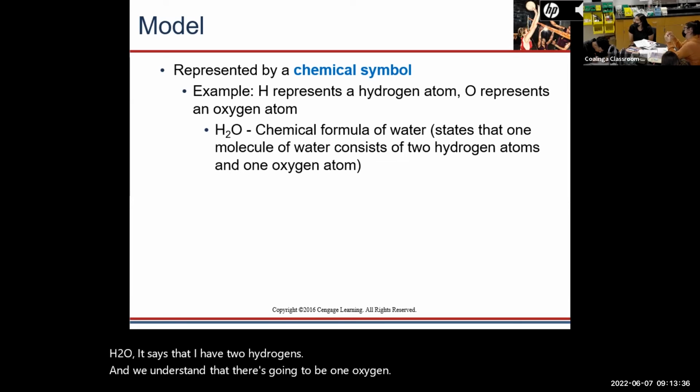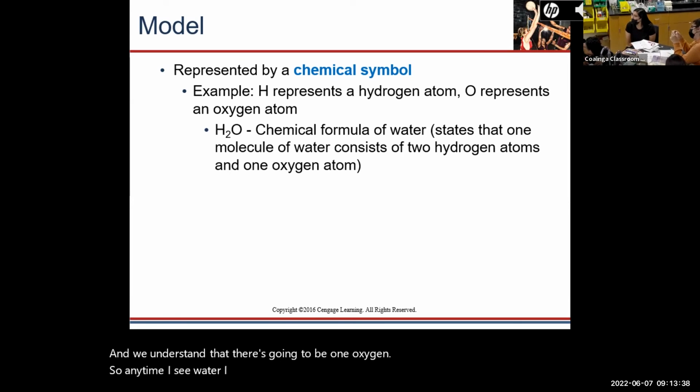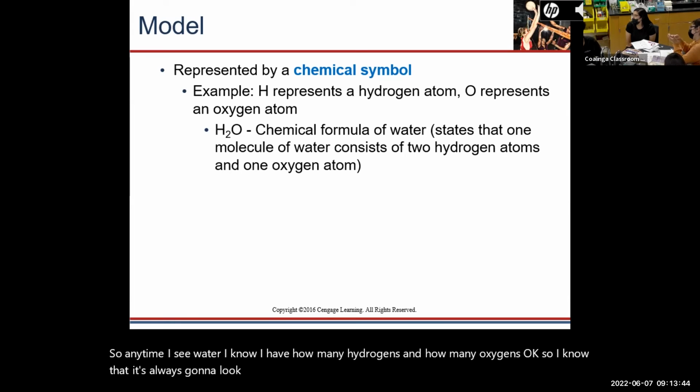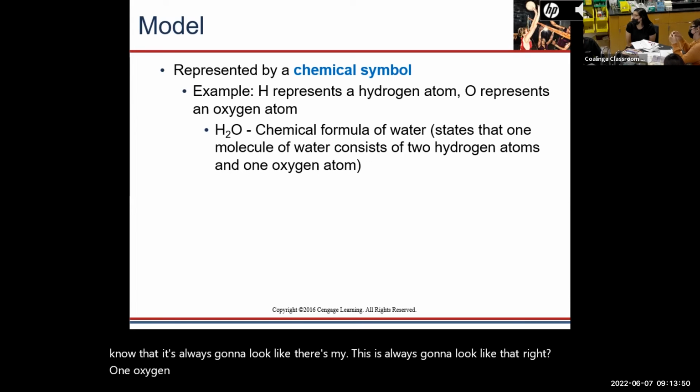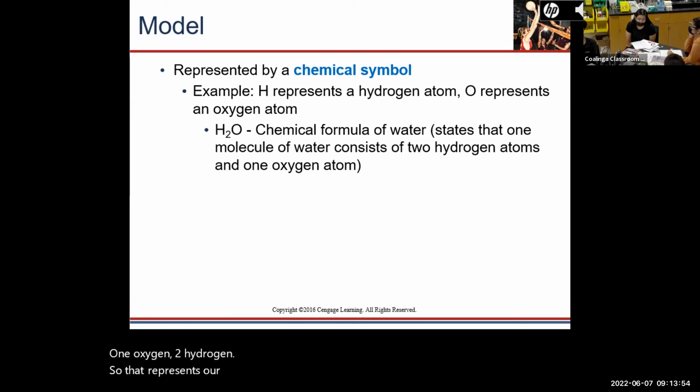So anytime I see water, I know I have how many hydrogens and how many oxygens. I know that it's always going to look like that: 1 oxygen, 2 hydrogens. So that represents our chemical formula. Everybody got this down, right? Yes.